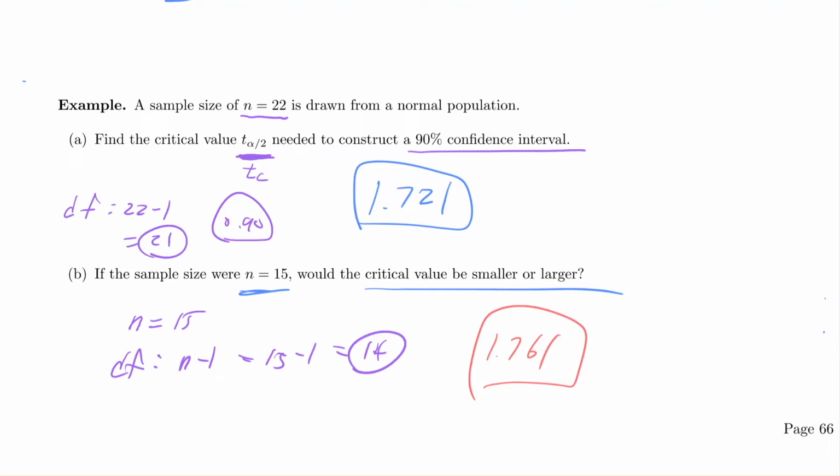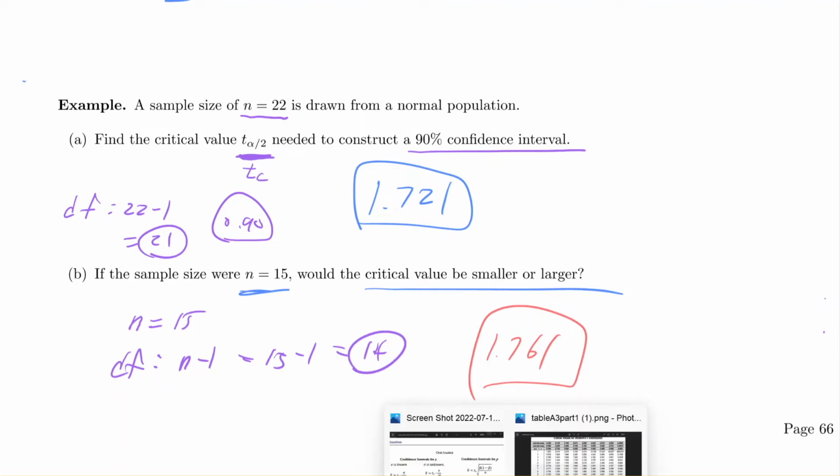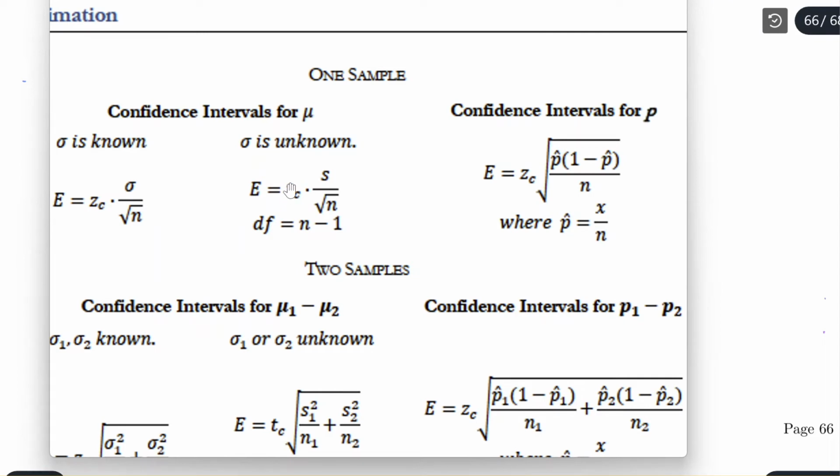So what we just did is, in this formula, we practiced how to find this value when we calculate the margin of error, because we have to use the t-table. And s means the sample standard deviation, which we can calculate given any data, and n is the sample size.